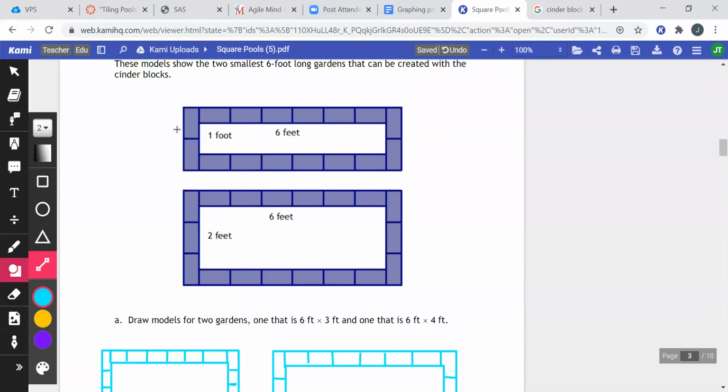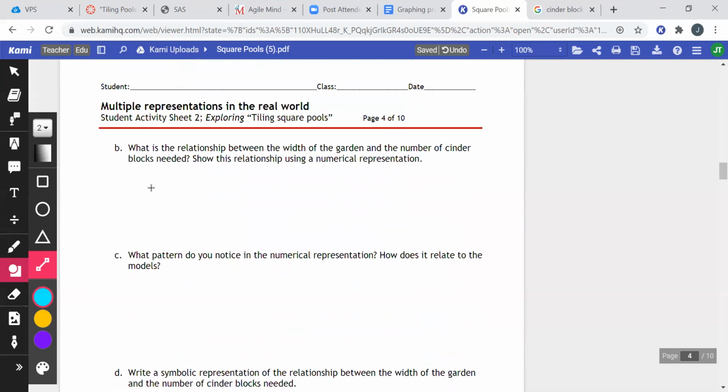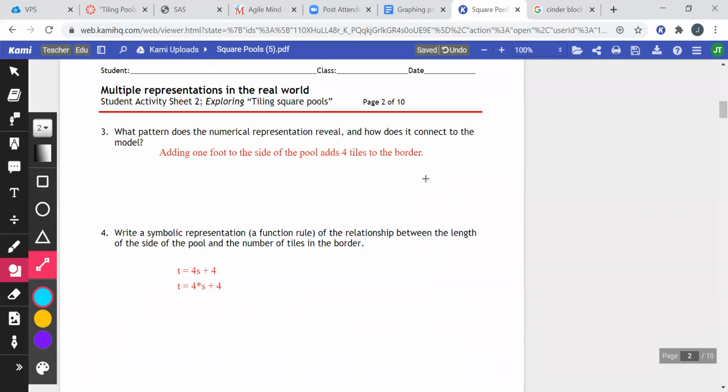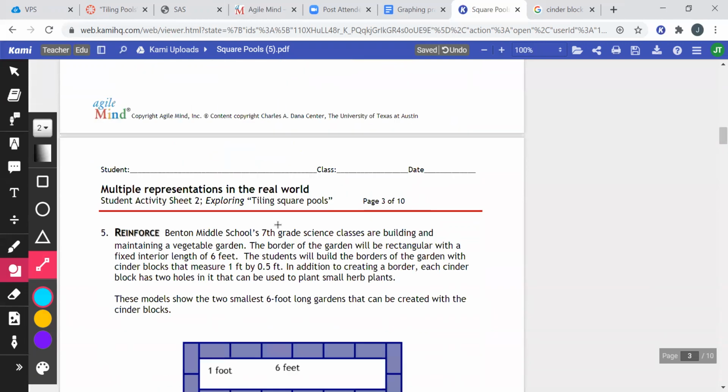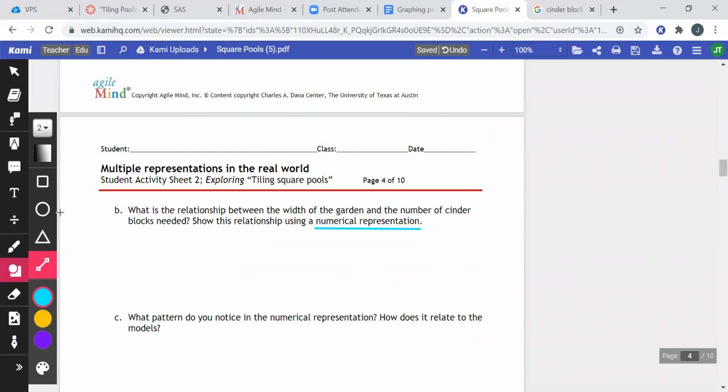And now you can count them. So notice the first one has 1, 2, 3, 4, 5, 6, 7, 8, and then 8 along the other half. So this, when I have a 1 by 6, I'm going to make my table, because it says to make a numerical representation. Numerical representation, if you remember from up here, is a table because it keeps track of the numbers and it puts them in their places.